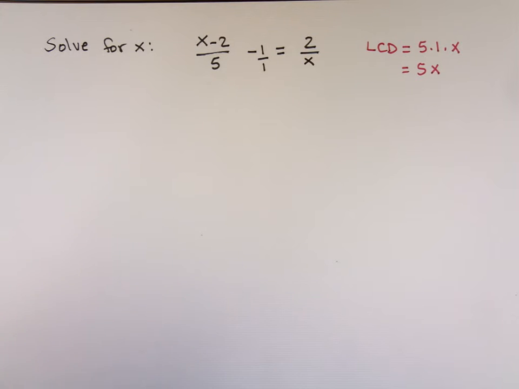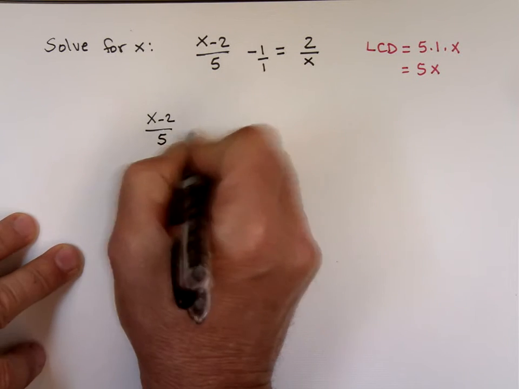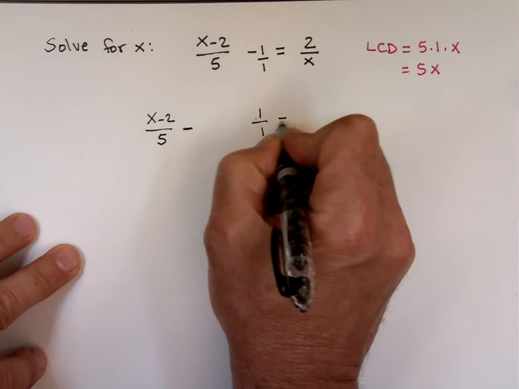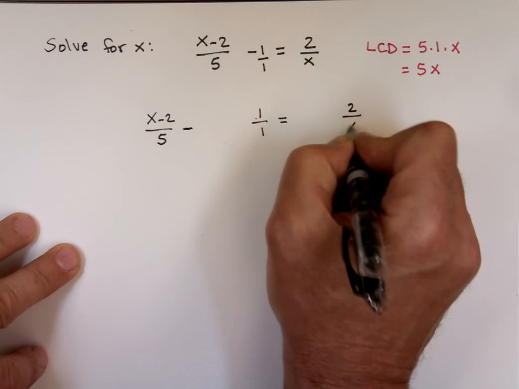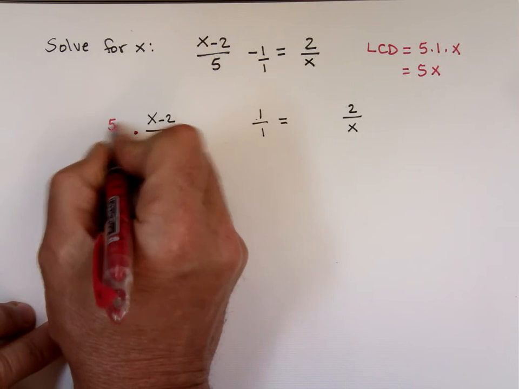So I'm going to multiply each one of them by 5x. So let me write this. Notice I'm going to multiply each one of these by 5x over 1.